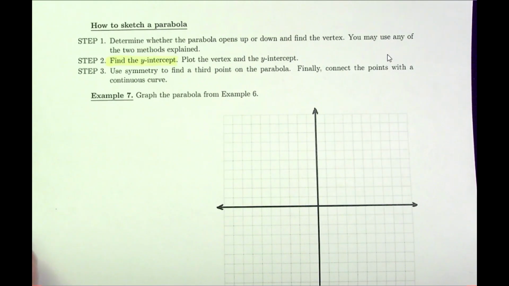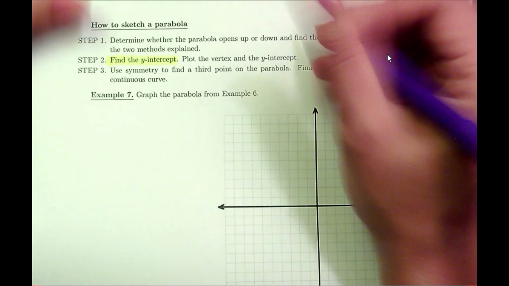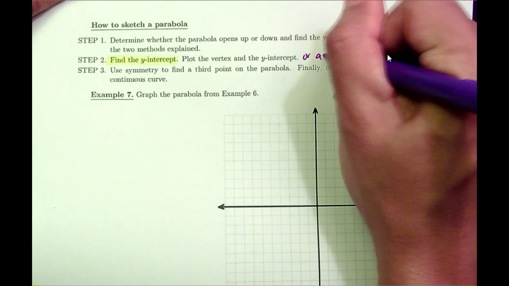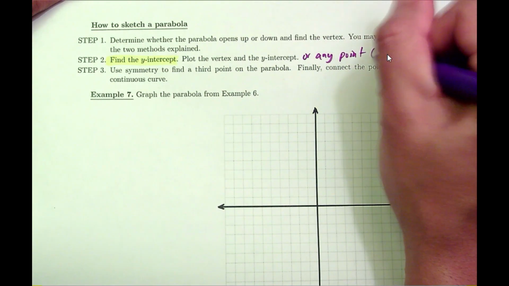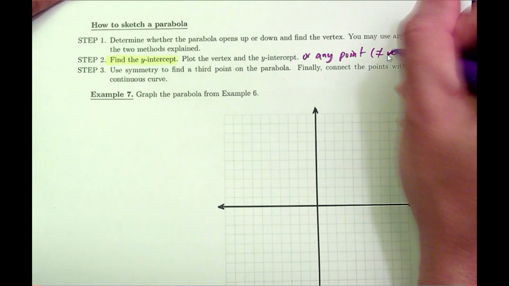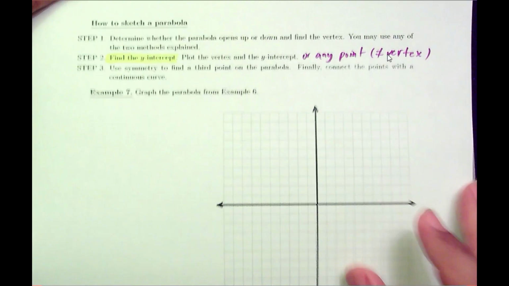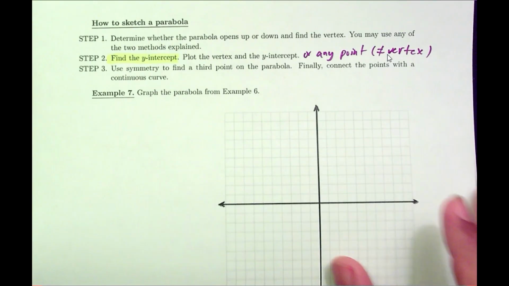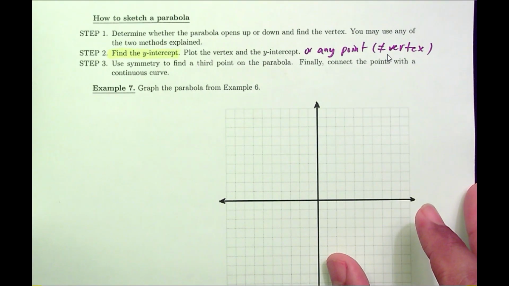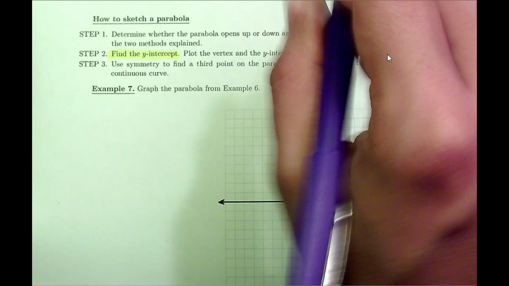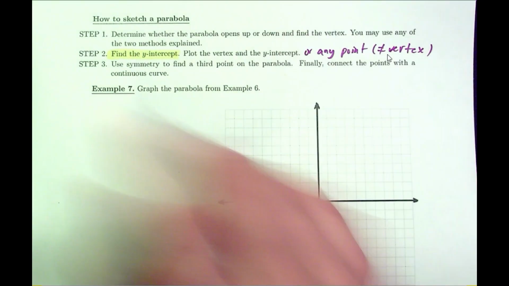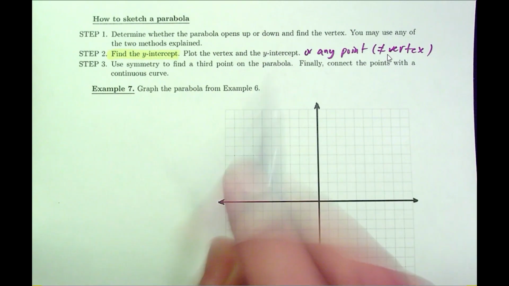But let me put that explicitly here: it could be any point different from the vertex. And then you're going to use symmetry to find the third one, and you're gonna connect them with a curvy shape, just like parabolas should look like, and you're done.